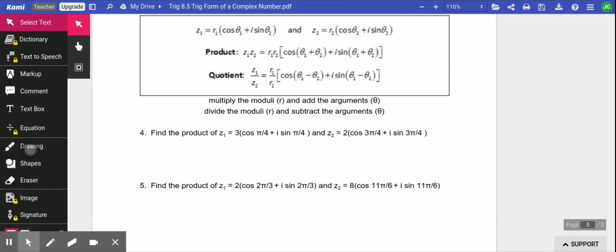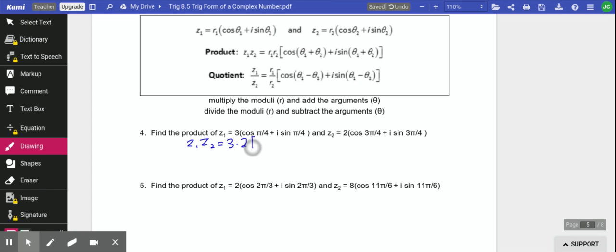All right, so let's do some examples of this. So we want to find the product of z1 and z2. So the first thing we're going to do is multiply the r's, so 3 times 2. And then we are going to add our angles, theta.